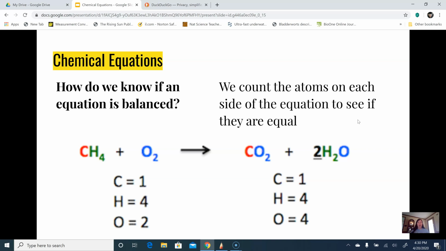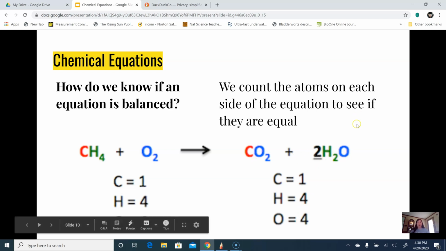So when you're counting oxygen on the right, you have to count all the oxygen no matter where it is. If you look in the carbon dioxide, you will see that you have 2 here, and then in the water, that 2 in the front of H2O applies to all the elements after it. So there are 2 here also. So 2 plus 2 is 4, and that's where they get the 4 down below.